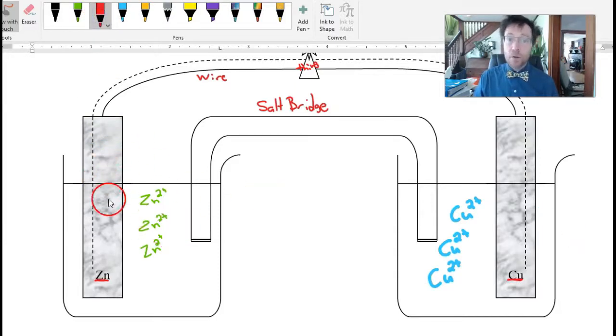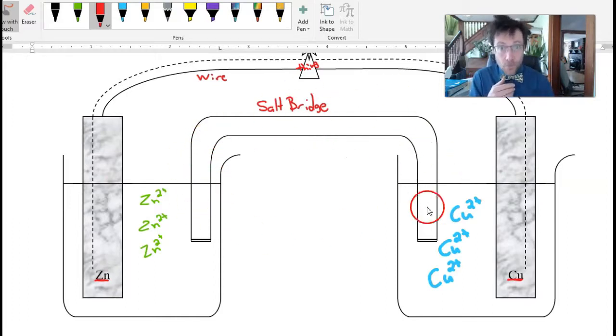We have a hunk of one metal connected by a wire to a hunk of another metal. Whatever metal we have over here, we need to have those ions in solution, and whatever metal we have over here, we need to have those in solution. And then there comes this thing, a salt bridge. So here's what happens. In the original batteries, this is called a wet cell battery because it's full of solutions and you can spill it because it's wet.